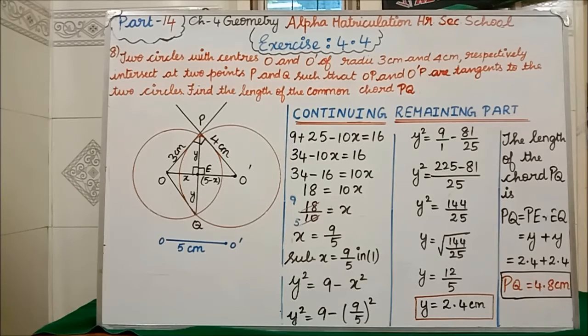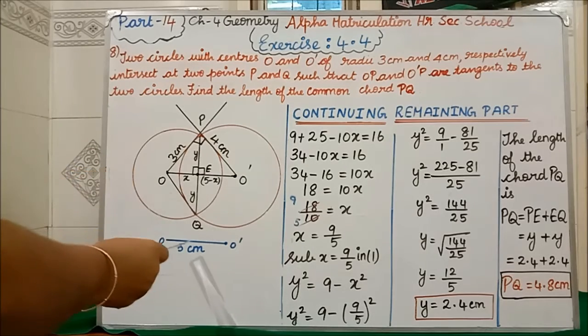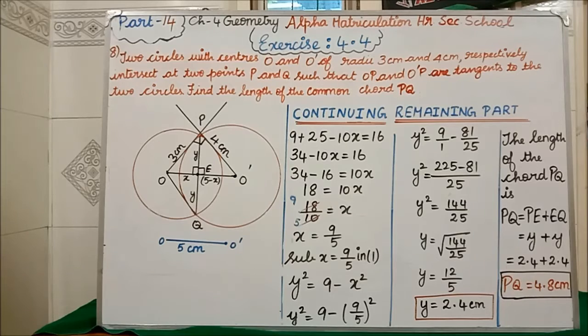PE value also we are having Y. Similarly, EQ value also we have taken Y. So, PE is Y plus EQ is also Y. Y value we know it is 2.4 centimeter. Right here 2.4 plus 2.4. 2.4 plus 2.4 is what? 4.8. Now PQ is equal to 4.8.